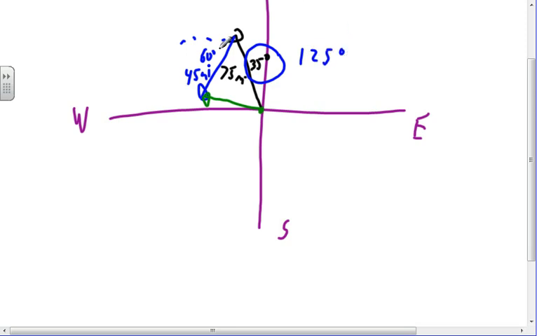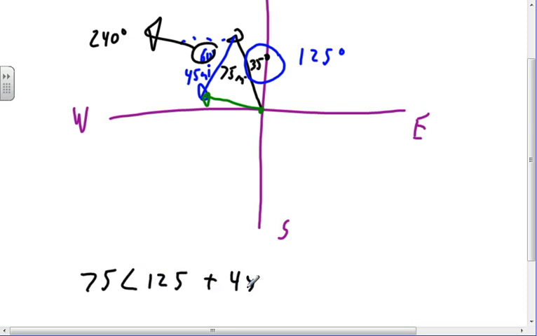And this 60 degrees is really 240 degrees. Then I'm just going to put in my calculator 75 angle 125 plus 45 angle 240, and my calculator is just going to give me the answer. Okay, so that's my plan.